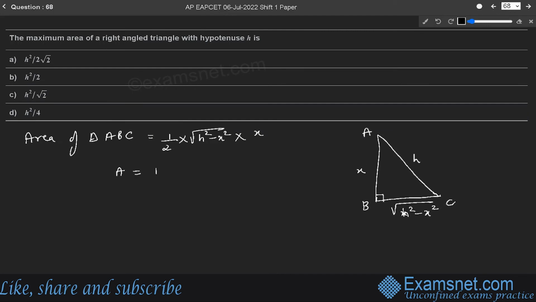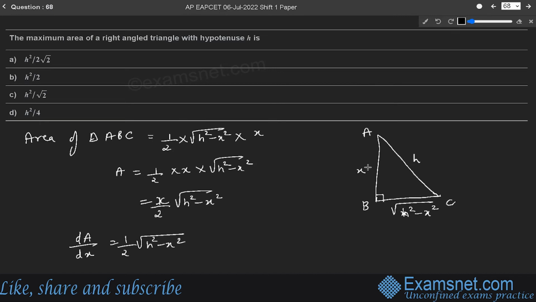So area will be equal to 1 by 2 into X into under root of H square minus X square. Therefore, differentiating it, dA upon dx is equal to 1 by 2 into under root of H square minus X square plus X by 2 into minus 2x upon 2 into under root of H square minus X square, which is equal to 0.